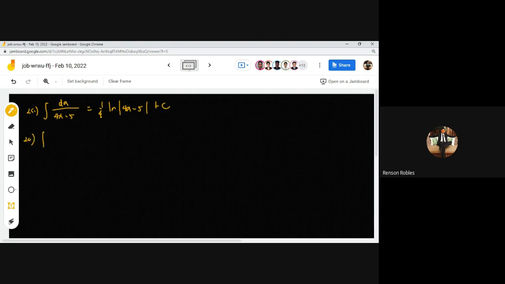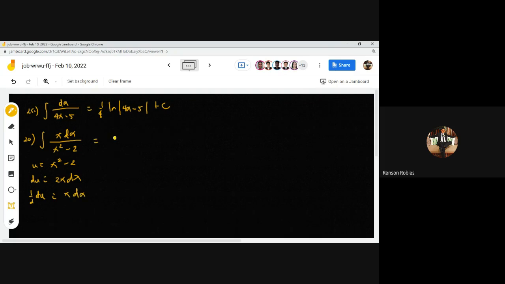26. The integral of x dx all over x squared minus 2. Let's change the variable. u is x squared minus 2, du is 2x dx. What do you see on the numerator? x dx. So that would be 1/2 du equals x dx.